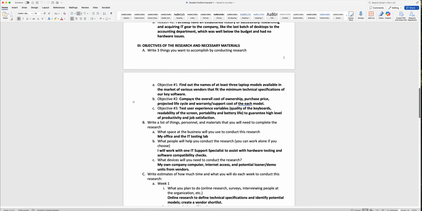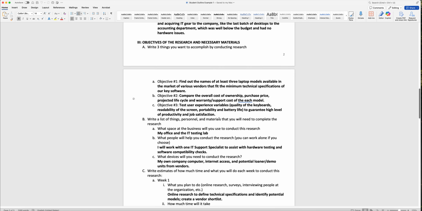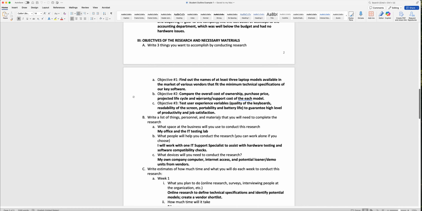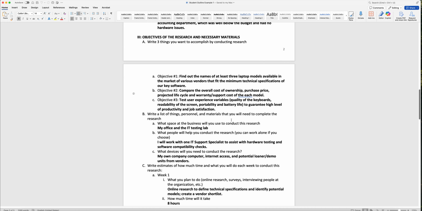So these are really good objectives, right? Some a little bit less specific than I would write, but still overall it gives me the idea of what this person is seeking to understand and find out about the computers that they need to buy for this company.